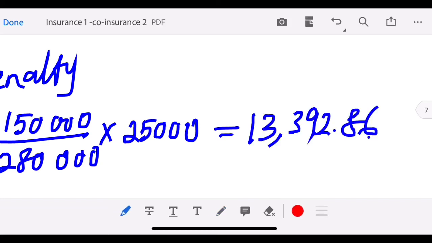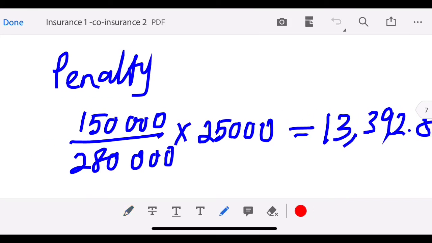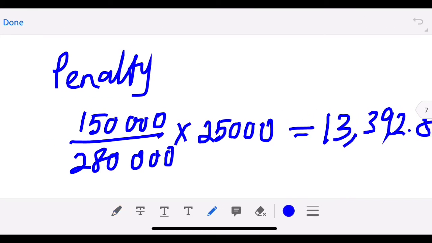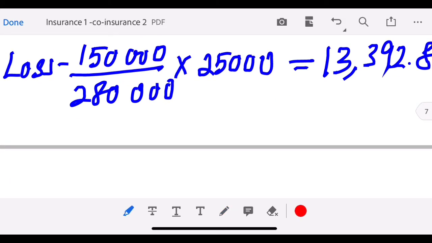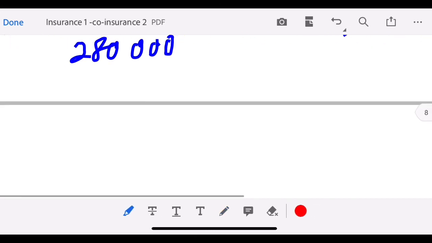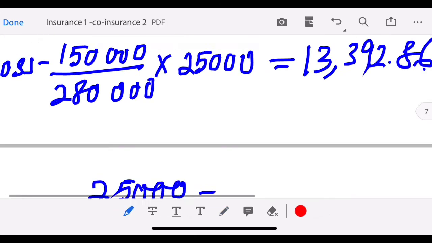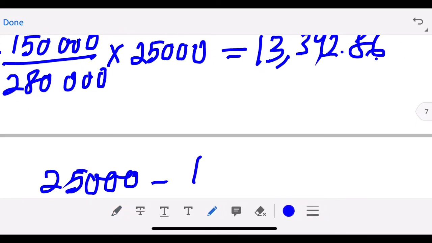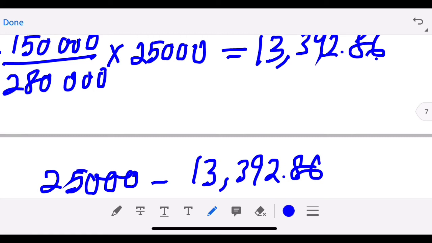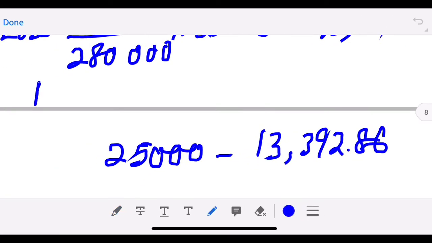Okay, so for the penalty, you have to take the losses minus out this value. So the loss incurred is 25,000, minus out this value, 13,392.86.